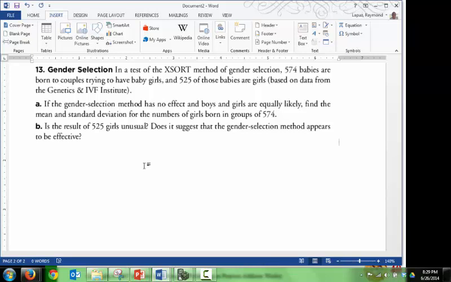If a gender selection method has no effect and boys and girls are equally likely, find the mean and standard deviation for the number of girls being born in the group of 574 babies.